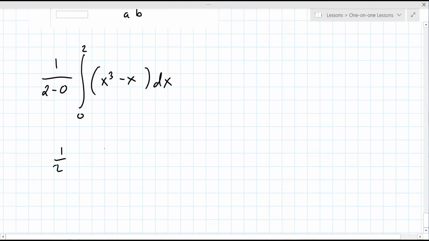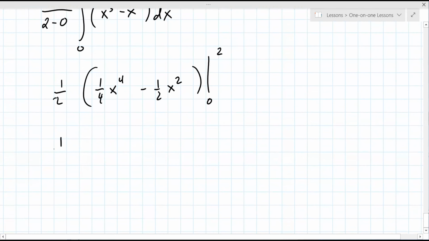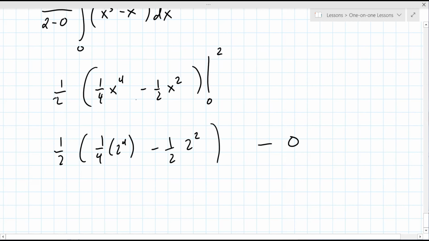This is 1/4 x to the 4th minus 1/2 x squared, evaluated from 0 to 2. 1/2 times 1/4 times 2 to the 4th minus 1/2 times 2 squared, minus 0. 2 to the 4th is 16 over 4 is 4. This is minus 2. So it ends up being 4 minus 2, which is 2. 1/2 of that is 1. So the average value is 1.